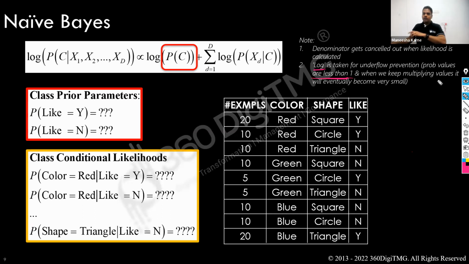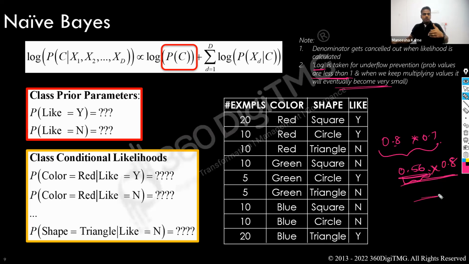And when we keep multiplying those values, what will happen? Probability values are less than 1. If I multiply 0.8 by 0.7, how much would you get? This number will be smaller than these two. If you multiply this with another probability value, whatever that value is, you'll again get a number smaller than these two.